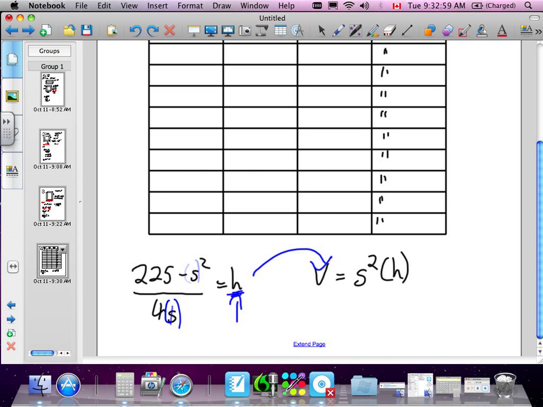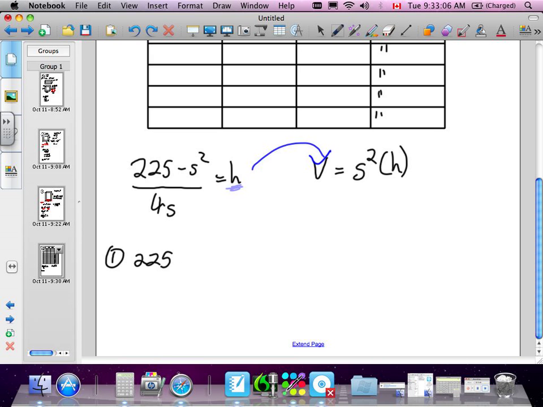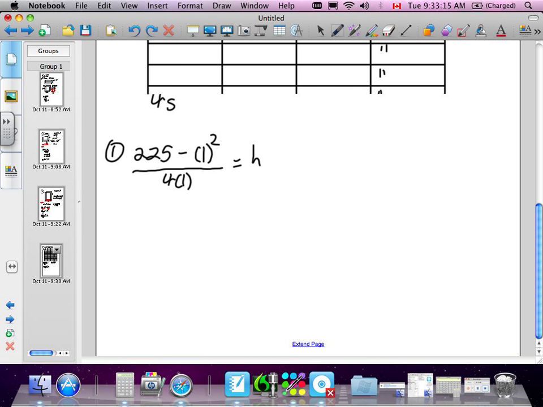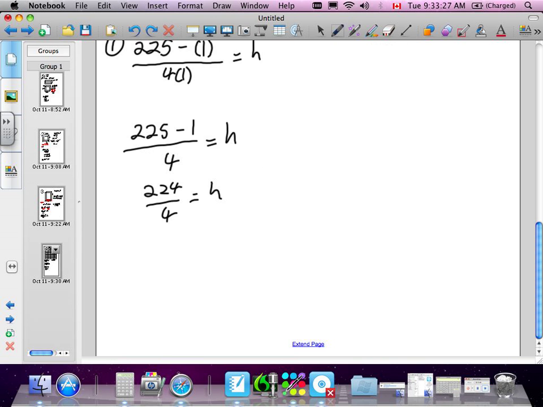So first example, 225 subtract 1 squared over 4 times 1. It's going to give me the height. So I get 225 subtract 1 divided by 4. 224 divided by 4. Our H is 56.